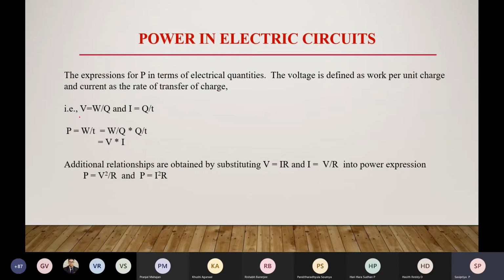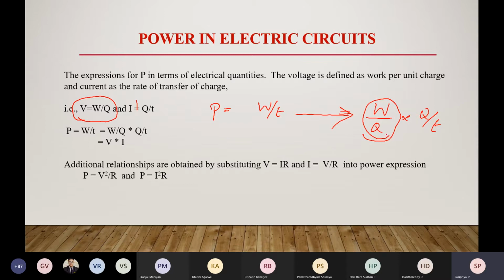As discussed already, voltage is related to the amount of work done, and this can be represented in two different ways. Your power is nothing but work done per unit time, which is work done W by t, and we can rewrite this expression by multiplying and dividing by Q. How do we define voltage or potential difference?